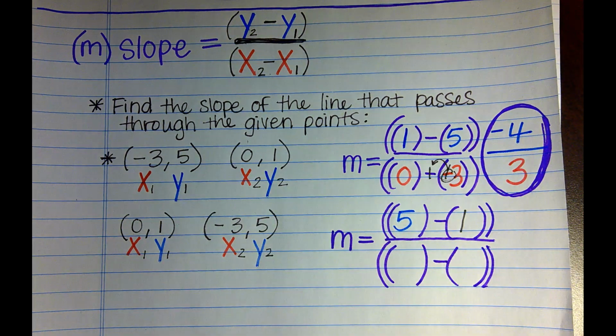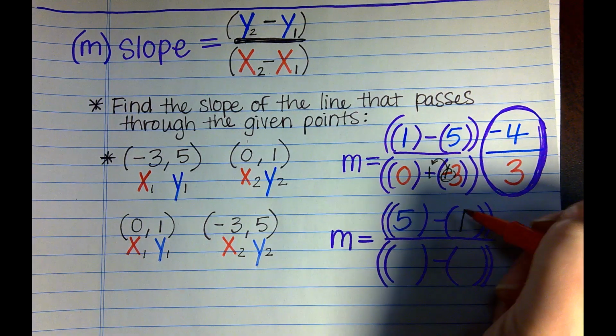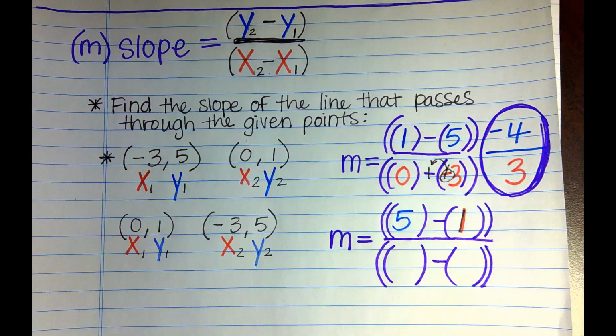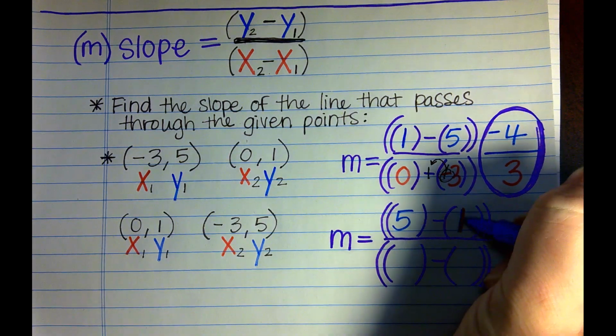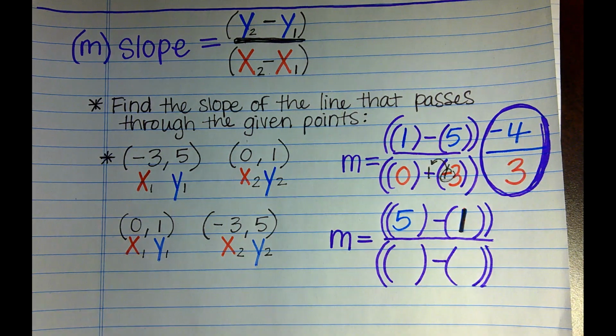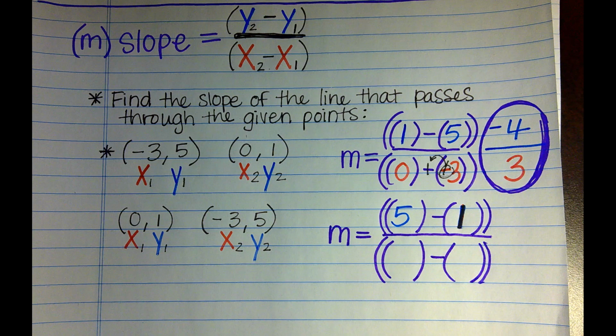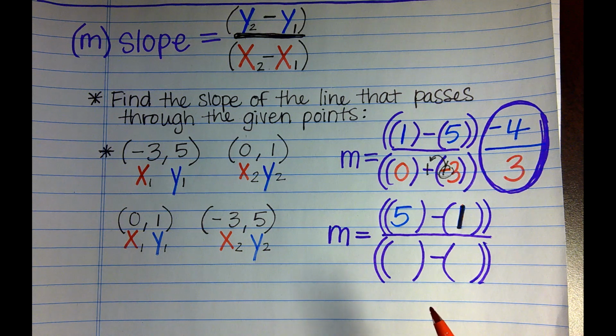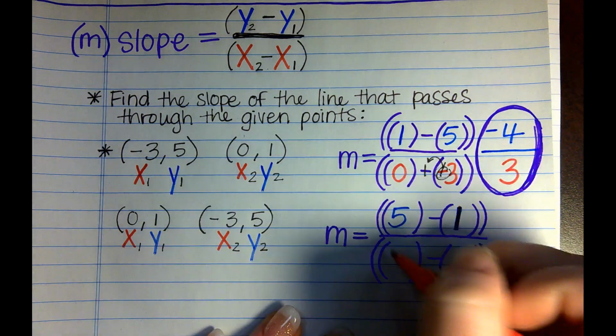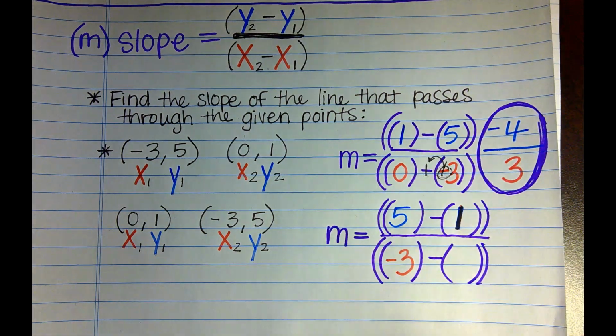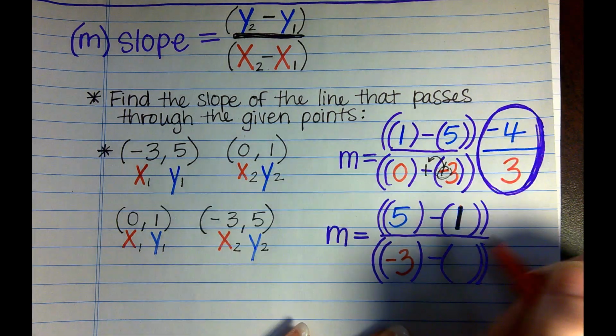I think we're just kind of mixing up the numbers now. Now the bottom, I've got x2 minus x1. What is x2? -3. Good. What's x1? 0.